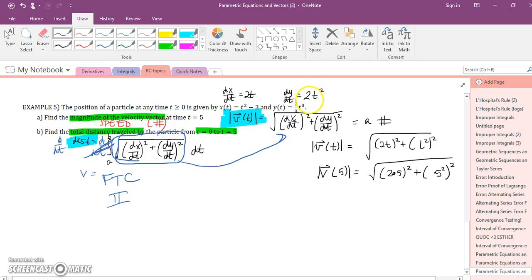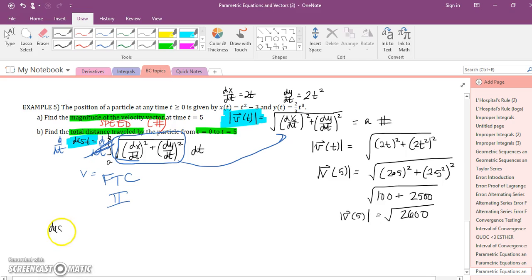Now I just noticed here, this should actually be a 2, because 3 times 2/3 is 2. So let's put a 2 everywhere where I had a 3. So anyway, this is going to be 2 times 5 is 10, squared is 100, plus 25, 50, 50 squared is 2,500. So the velocity, or I'm sorry, the speed is the square root of 2,600, which is a number.